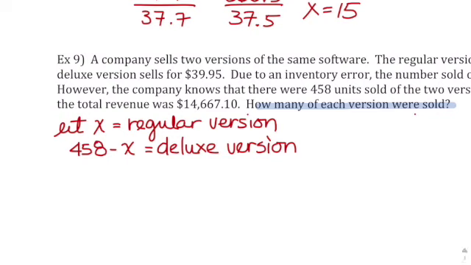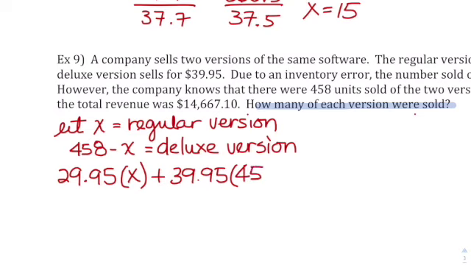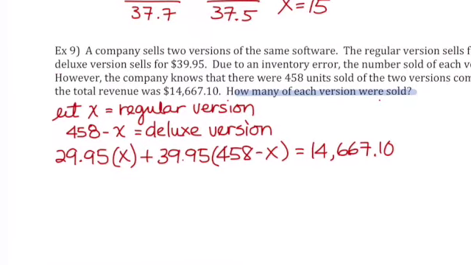So the price of the regular version is $29.95 times X, plus the deluxe version is $39.95 times 458 minus X. And all together, that's going to be $14,667.10. Once you do that, you can solve it.